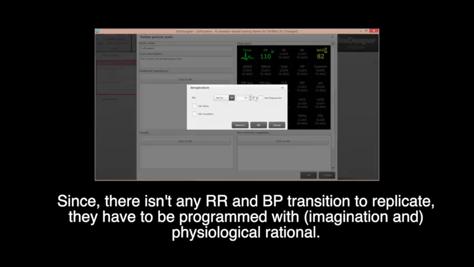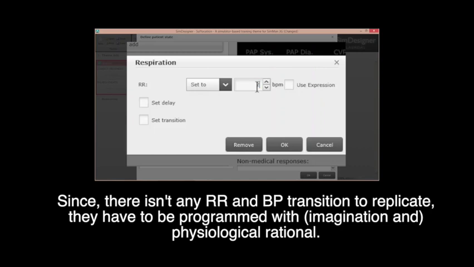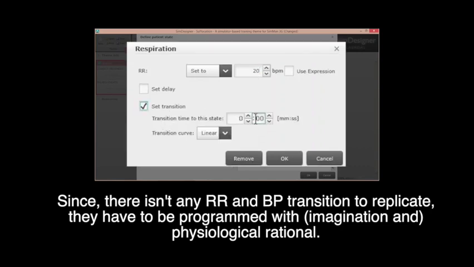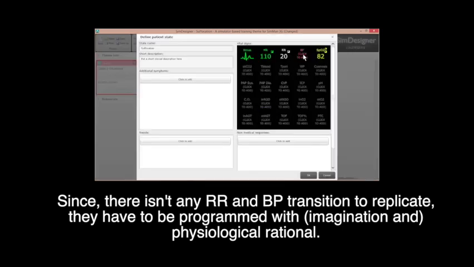Since there isn't any respiration rate and blood pressure transition to replicate, they have to be programmed with physiological rationale.